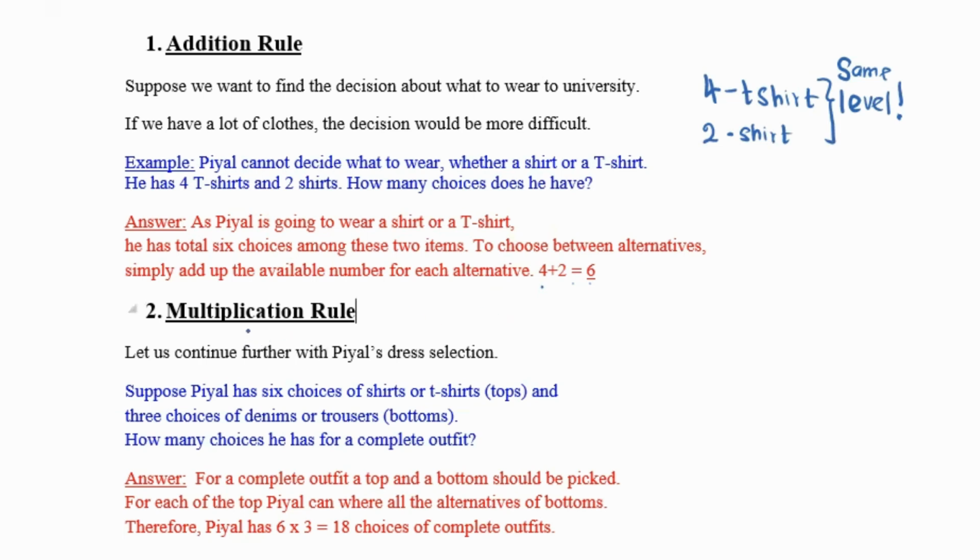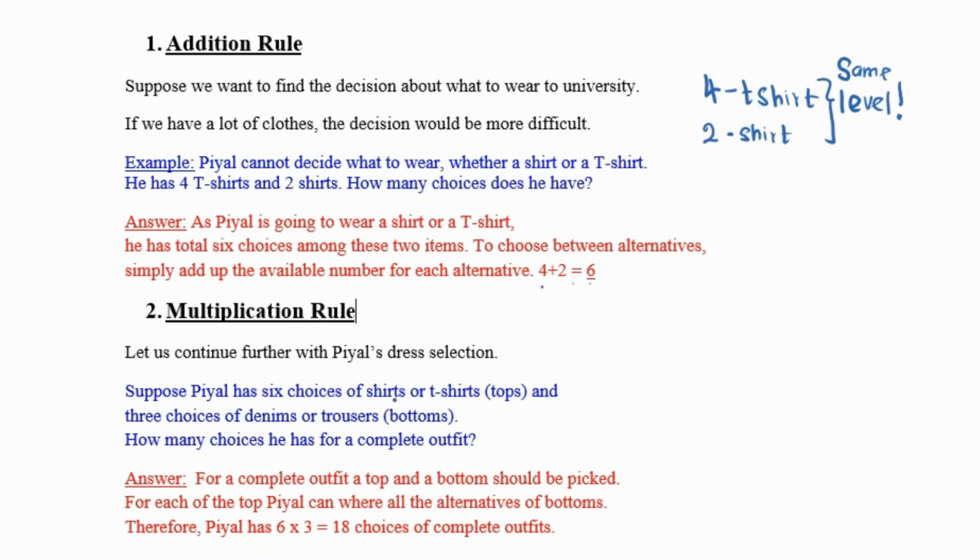And now we have the multiplication rule. This multiplication rule is just an advancement of the addition rule. Let's continue with the same old example that we had with Pia in our discussion. So now, apart from the t-shirt, he also has a choice of denims or trousers, what he's wearing for the bottom.